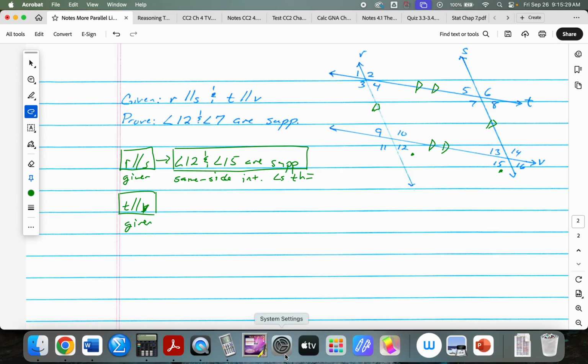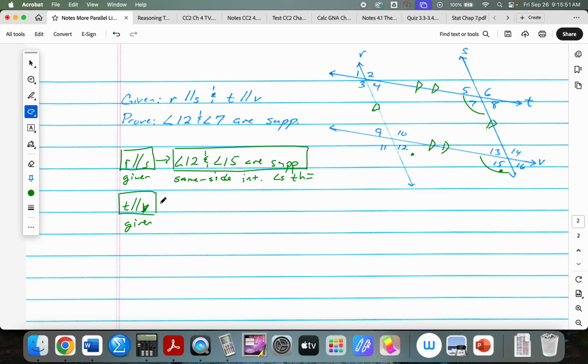What's the problem with that? Well, I don't want 15, do I? What do I want? 7. It would be nice if I could replace 15 with 7. That is, use substitution. Well, what kind of angles are 15 and 7? Corresponding.